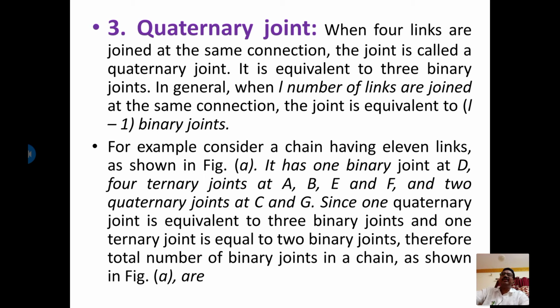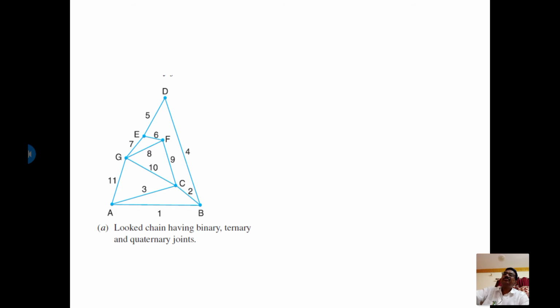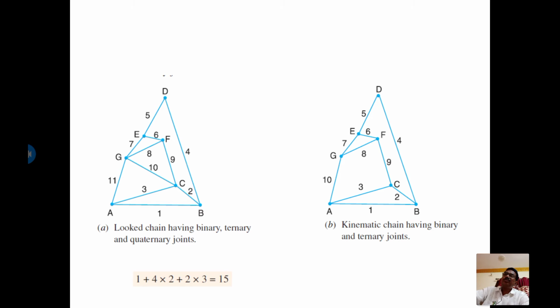Consider the chain having 11 links in this figure. It has one binary joint at D, 4 ternary joints at A, B, E and F, and 2 quaternary joints at C and G. Since one quaternary joint is equivalent to 3 binary joints and one ternary joint is equivalent to 2 binary joints, the total number of joints in the chain is calculated as 1 plus 4 into 2 plus 2 into 3.